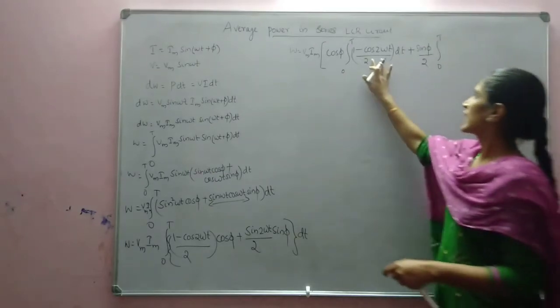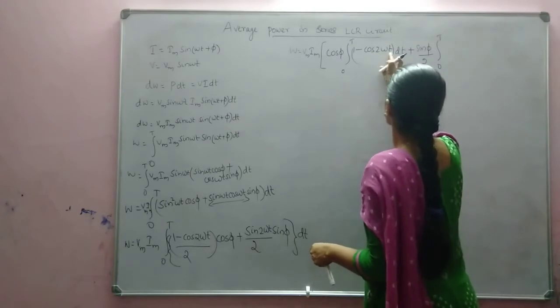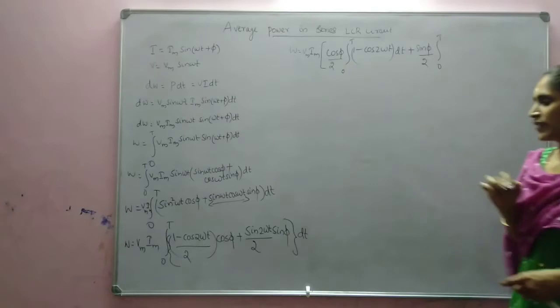Here also we can take the constants cos phi by 2 and sin phi by 2 outside the integral.